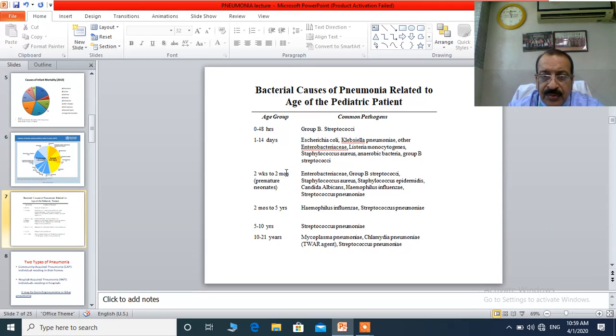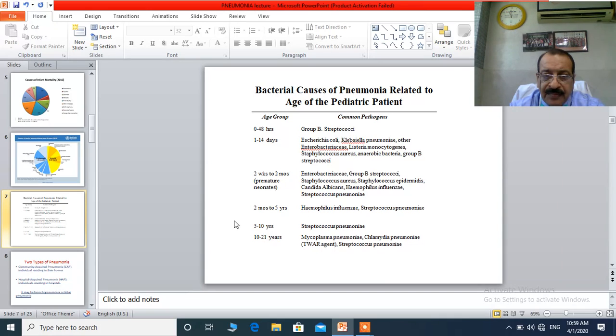During the initial few months, E. coli dominates the picture, and it is the important organism which causes most of the infections, followed by Staphylococcus aureus and Haemophilus influenzae. But as the age advances, Haemophilus influenzae and Streptococcus pneumoniae become the predominant organisms causing pneumonias.